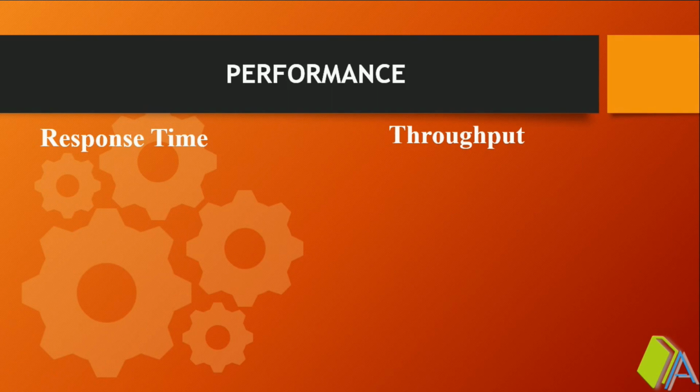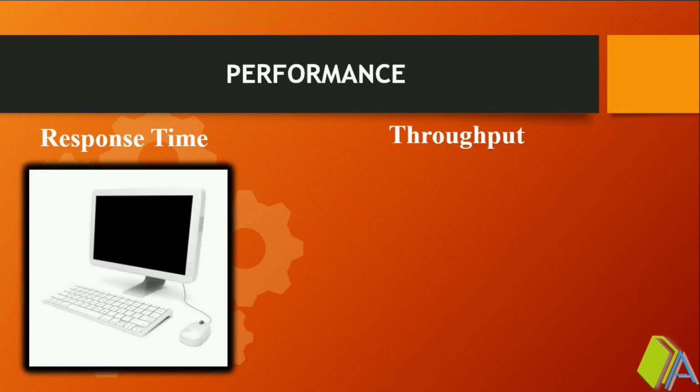For example, if we are giving an input to a system and it is providing an output, the time taken by the system to process the input and provide the output is known as response time. Throughput is the number of tasks a computer can complete over a period of time. The number of tasks a computer can handle over a period of time.